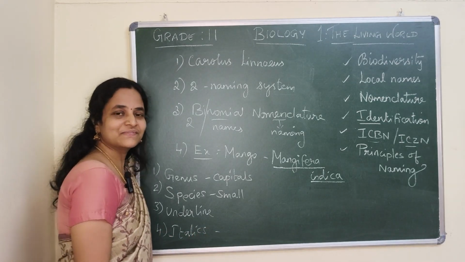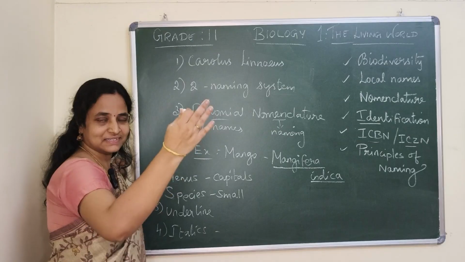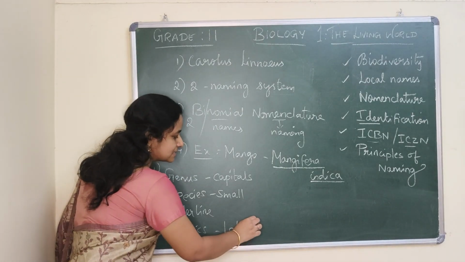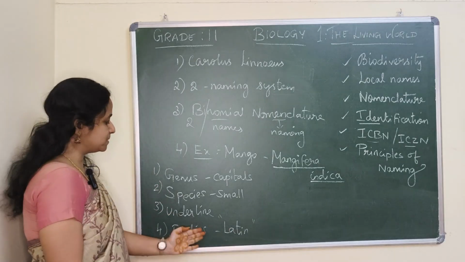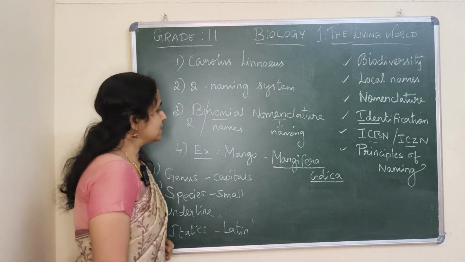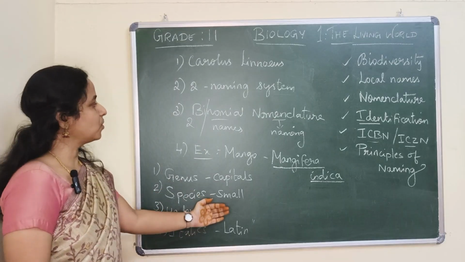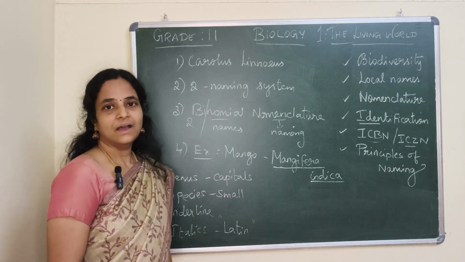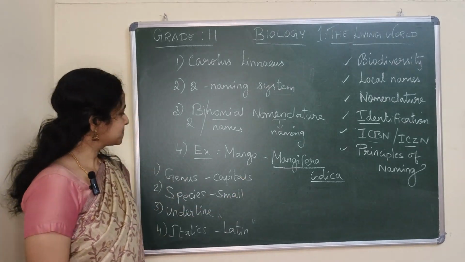Why? Do you know the reason why it needs to be written in italics? Because the origin is Latin. Since it is a Latin origin, that should be written in italics. So these are the norms that you need to follow when we go with naming an organism. Any doubts, children?